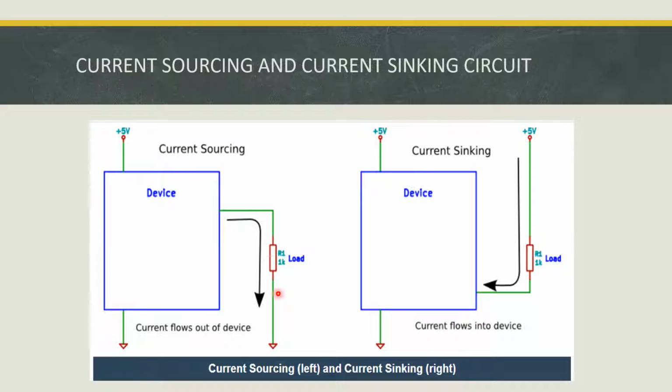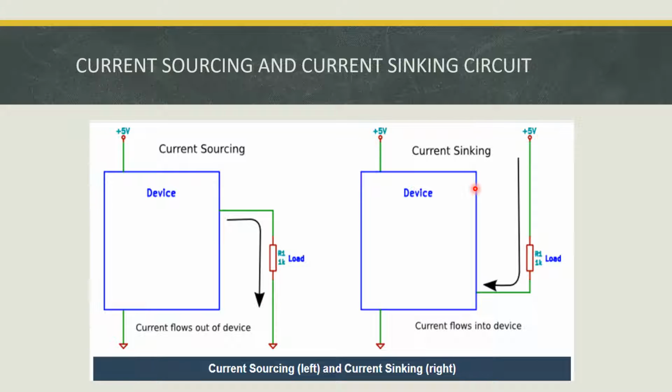An example is a series resistor and LED connected between a microcontroller pin and ground. When the microcontroller pin is switched high, the microcontroller will source current to the load. In this configuration, a logic 1 will supply power to the load and logic 0 will switch power to the load off.